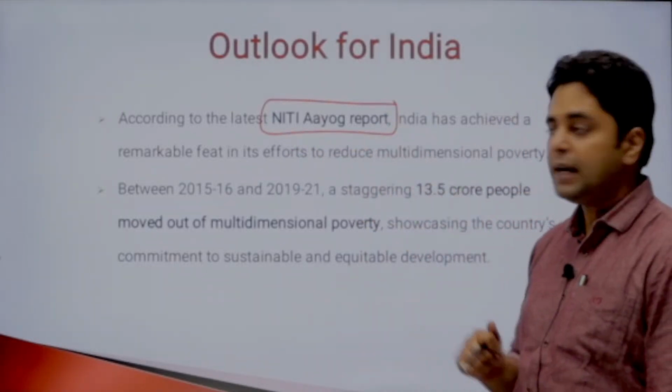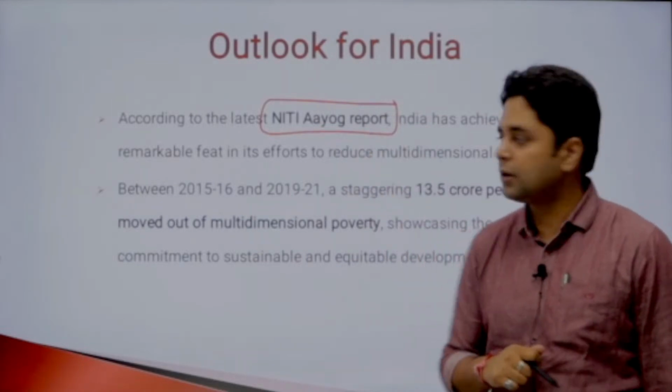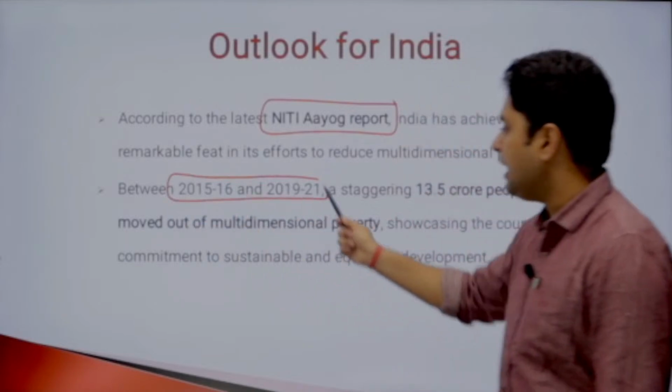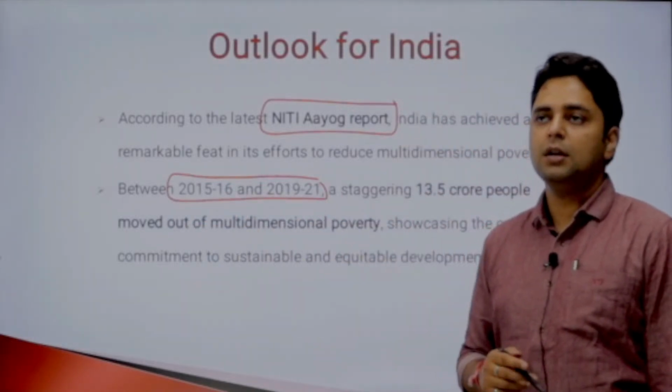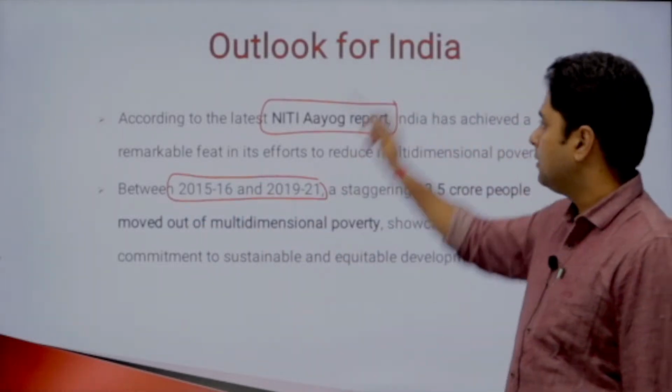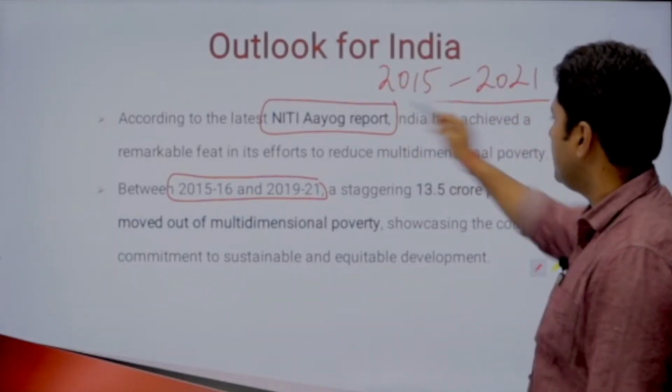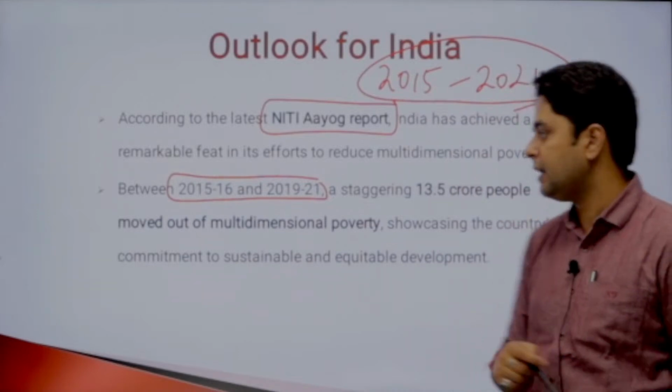So the outlook for India has been detailed in this Niti Aayog report, and according to this report, between 2015-16 and 2019-21, that means about a 6-year period, 2015 से लेकर 2021 तक का जो पीरियड है, इसमें पॉवर्टी में कितनी कमी आई है.